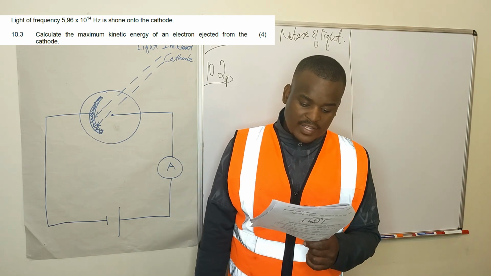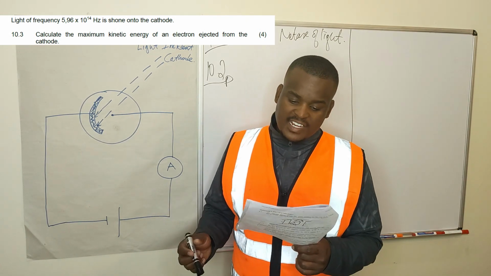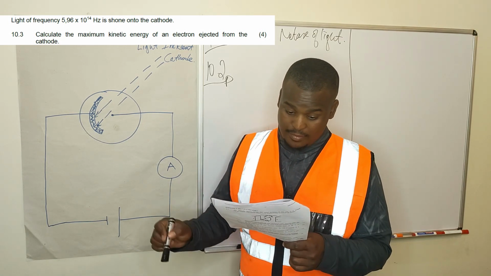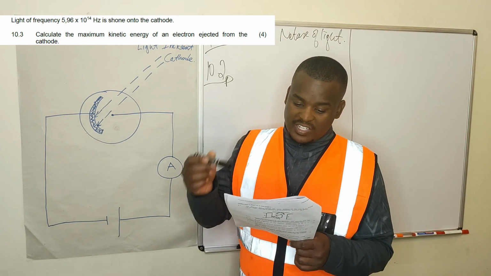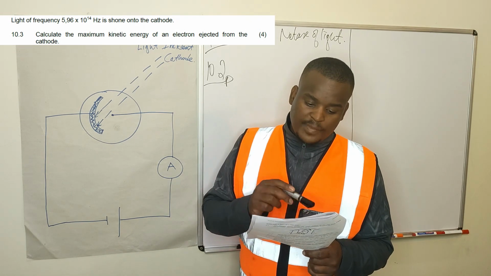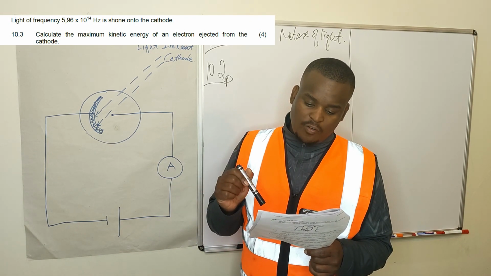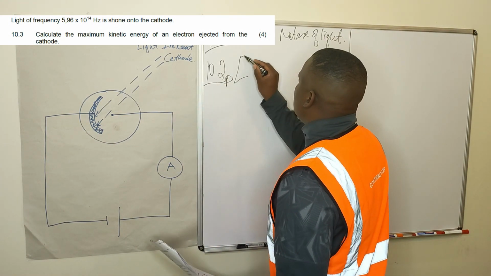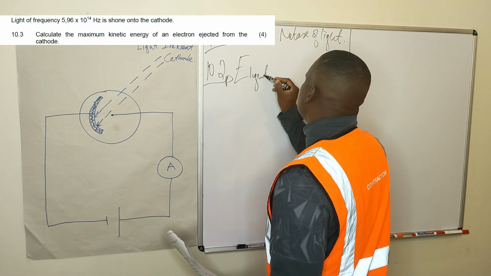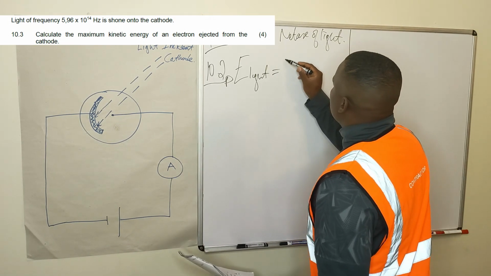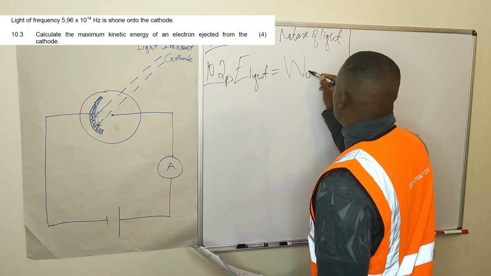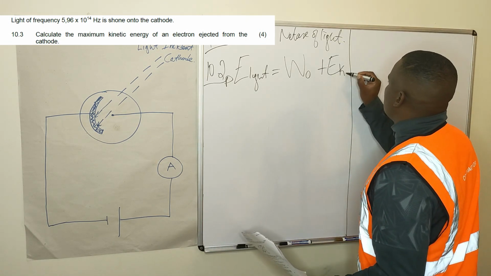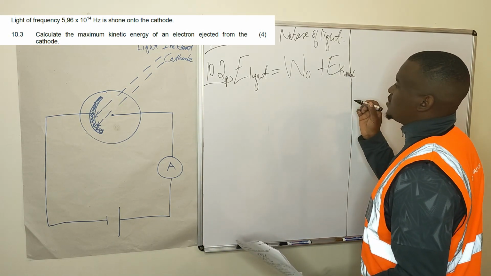So you are given the frequency of the light that is shone onto the cathode, and you are given the work function of the cathode. So now they want you to calculate the maximum kinetic energy of the ejected electrons. Which means the energy of the incident light is equal to the work function plus your maximum kinetic energy.